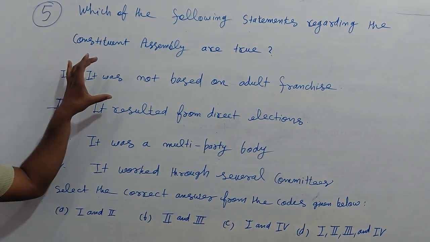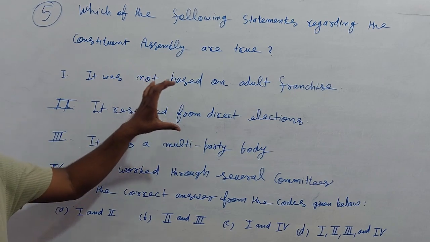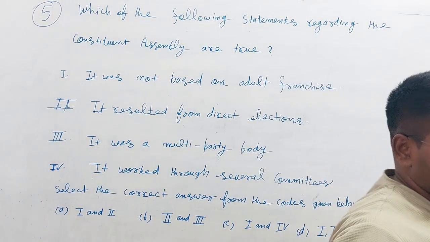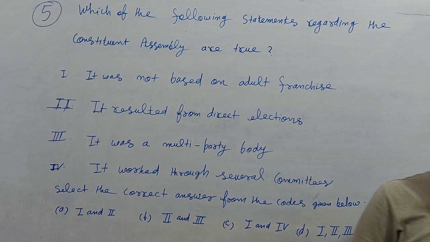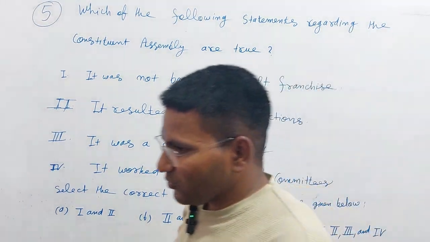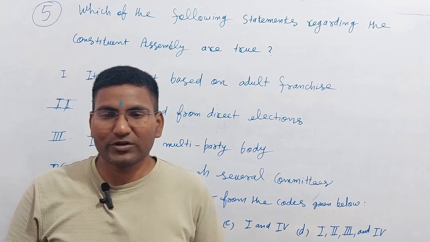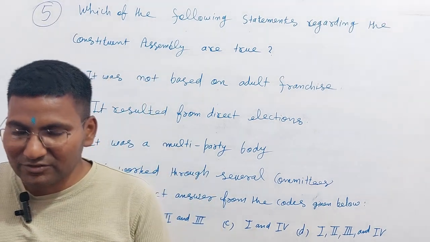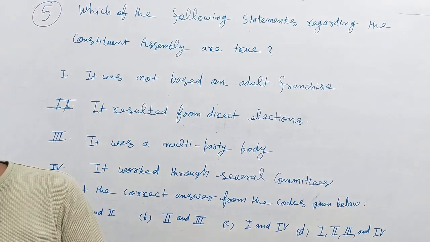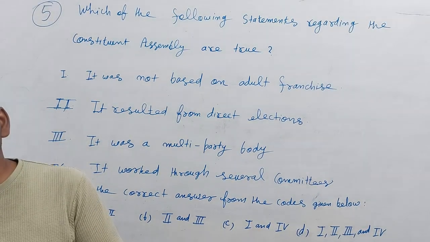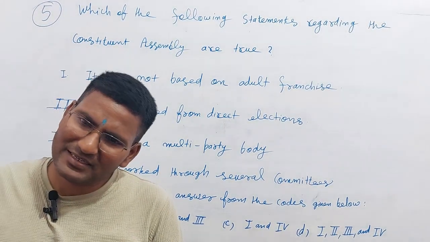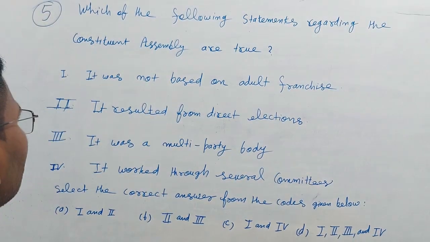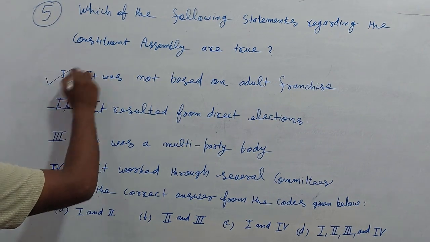It was not based on the adult franchise. What is the adult franchise? You should know. Every person who has a voter ID card elects their representative. That system was not available at that time. So the first option is right.